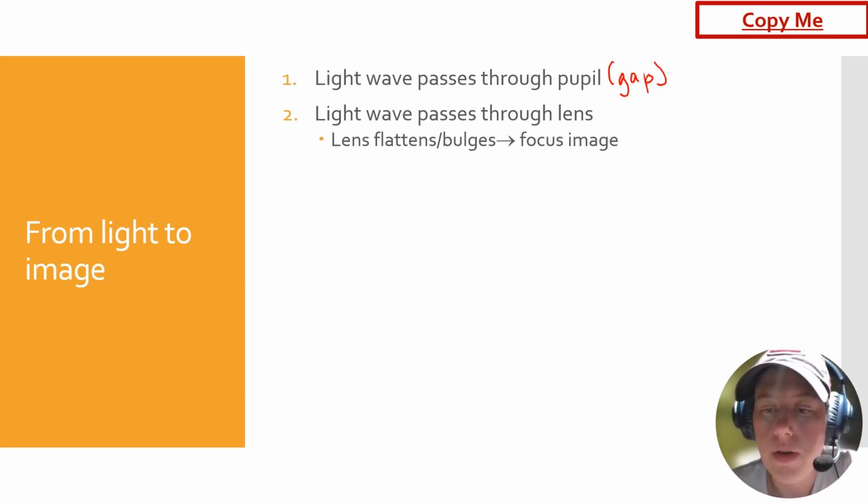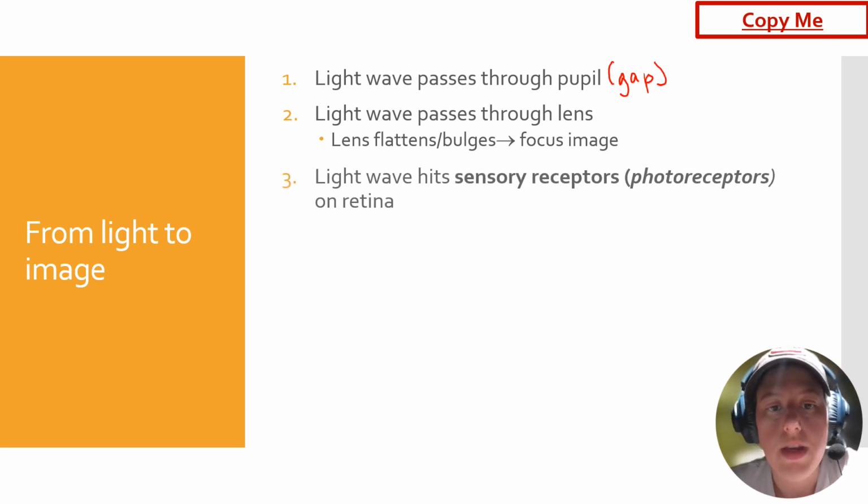So if you're looking at something that's far away, the lens is going to flatten. And if you're looking at something close by, the lens is going to bulge. Once the light wave goes through the lens, it is going to be hitting the sensory receptors on the retina. So the key thing is that it goes to the retina.